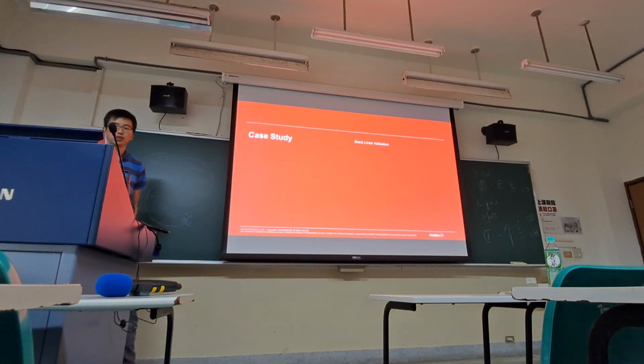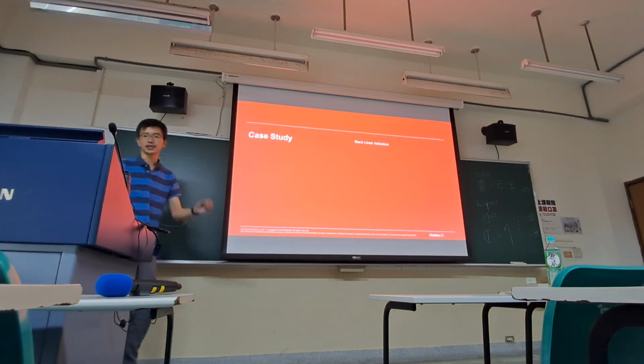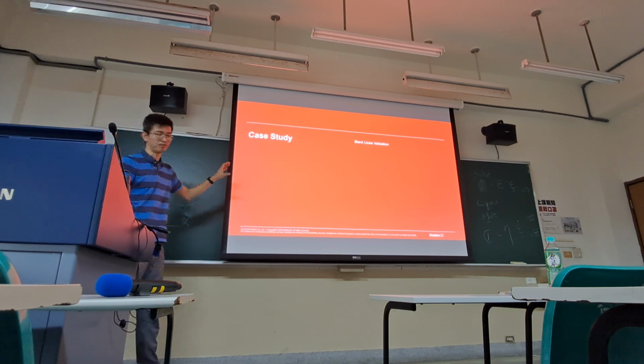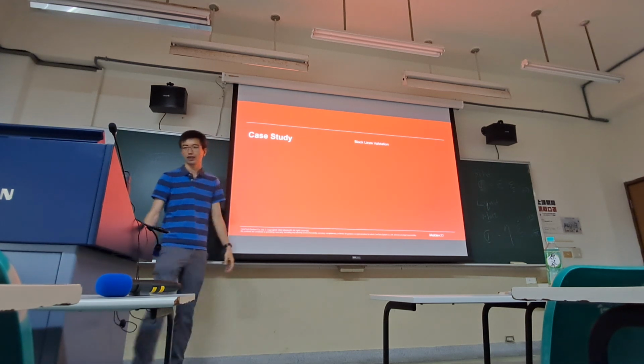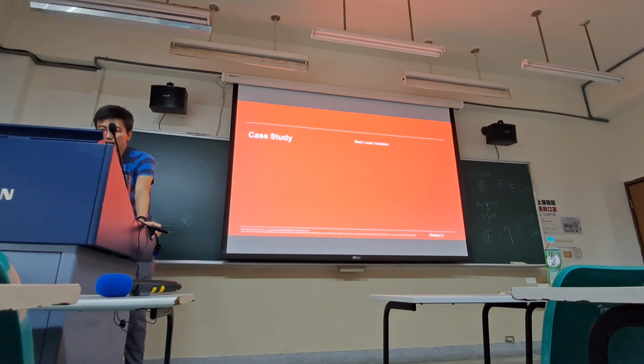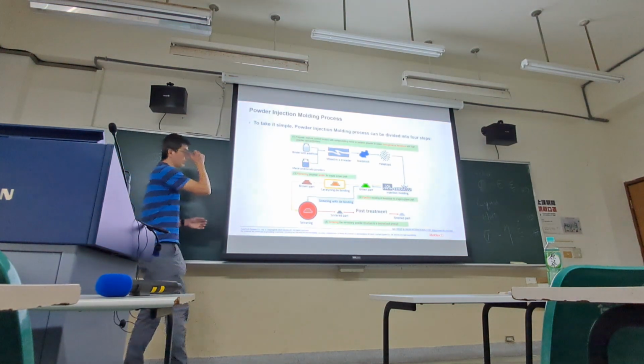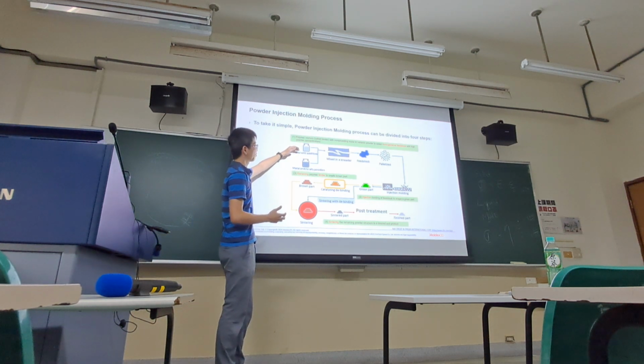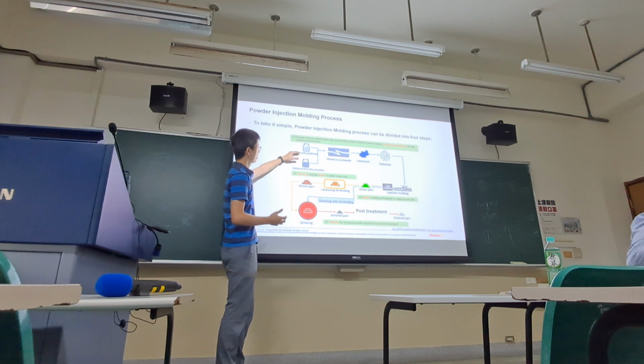So right now we are going to have a case study about a powder injection molding part. Okay. Before that, we need to review again. What is powder injection molding? Some key factors.